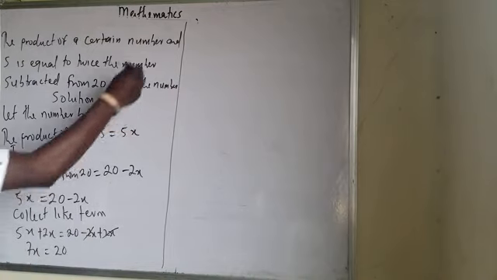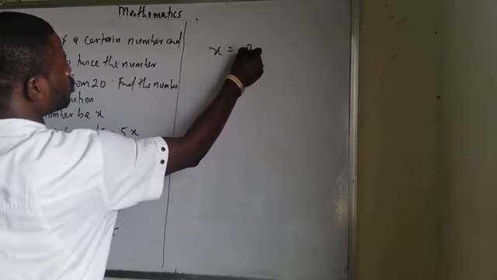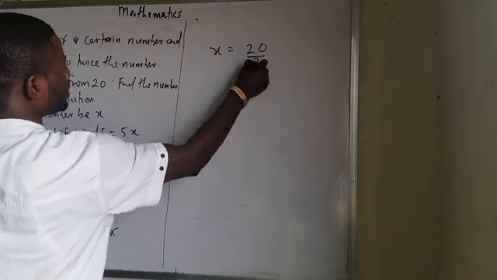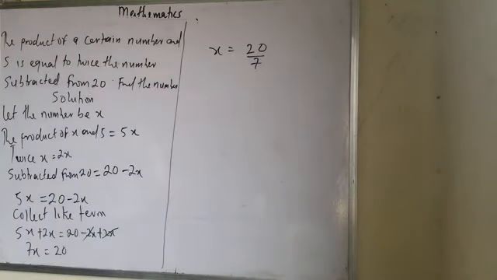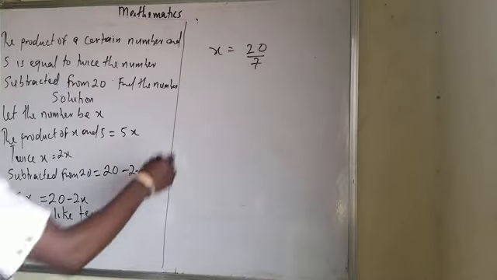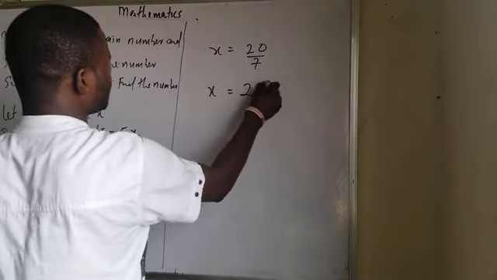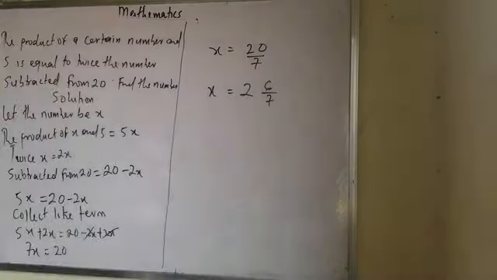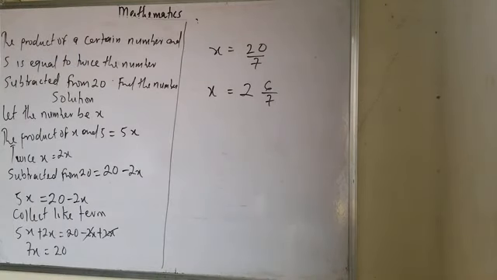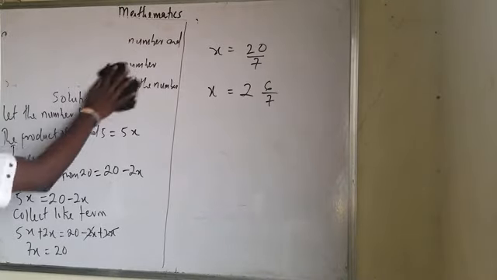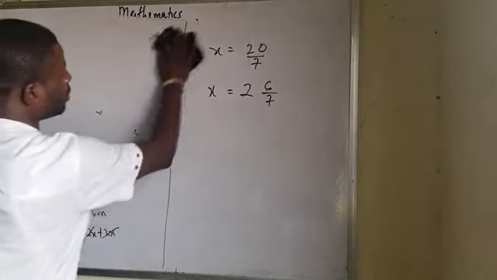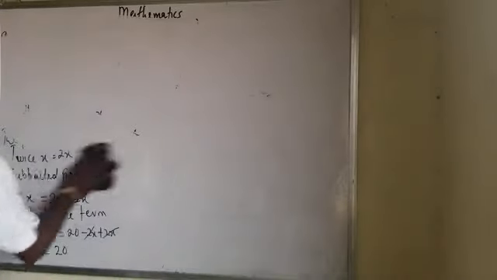Now, my x will be equal to 20 all over 7, which is 2 whole number 6 all over 7. That is my answer there. Okay, I think it's getting better.